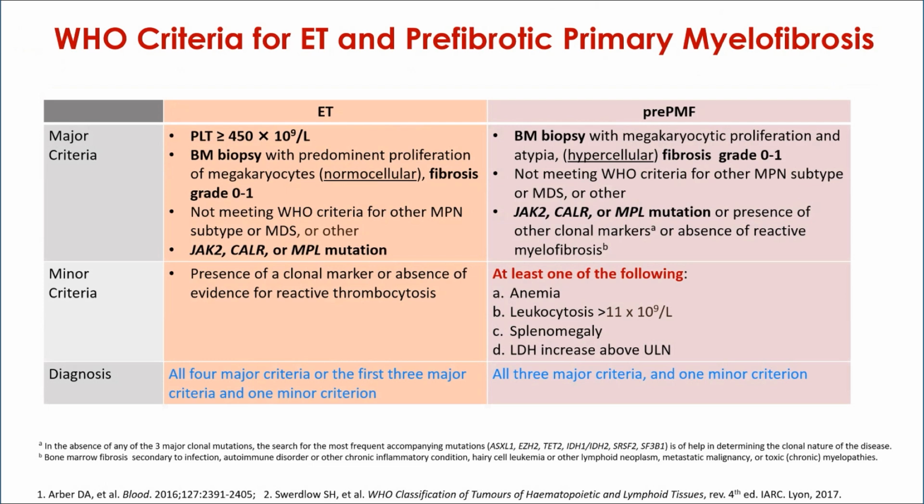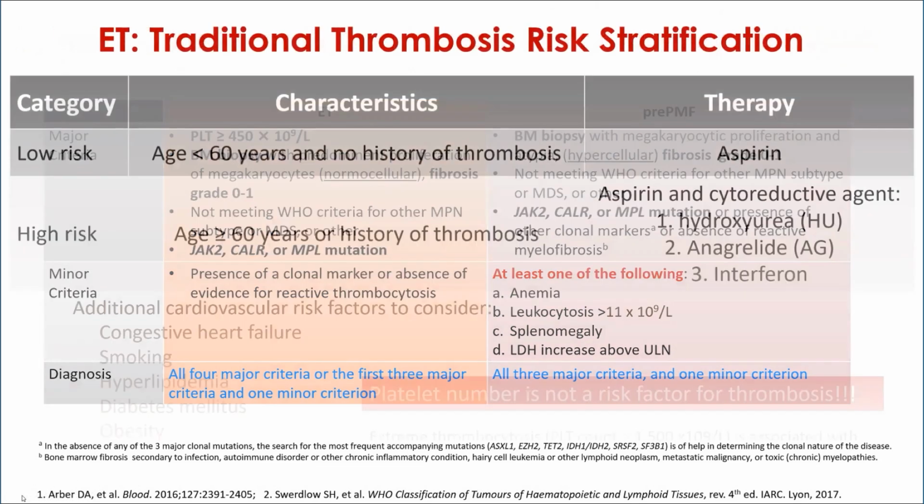So some differences in the bone marrow. And what can then help is what is listed under the minor criteria in red color. Prefibrotic myelofibrosis also may have a little bit of anemia, leukocytosis, splenomegaly, or elevated LDH. So this is how you make a difference between the two, but they do overlap a lot in everyday practice.